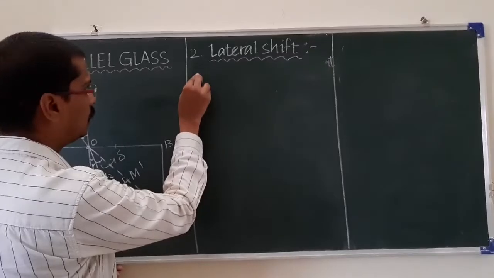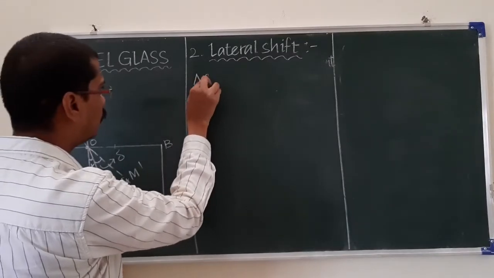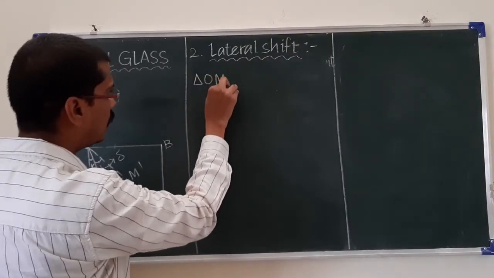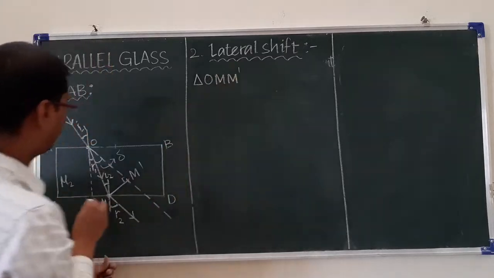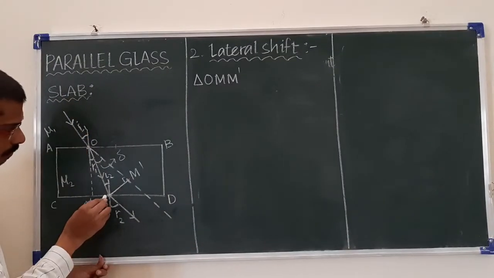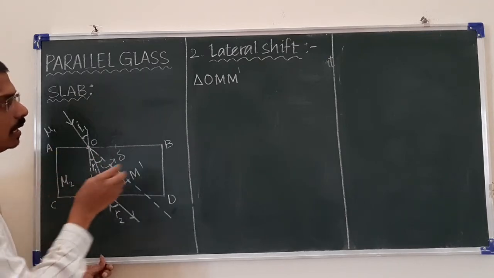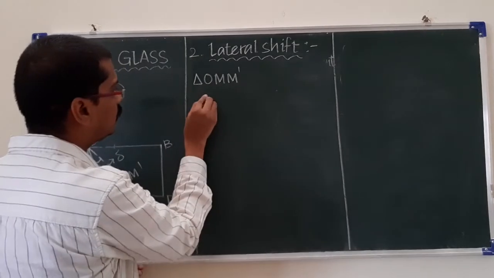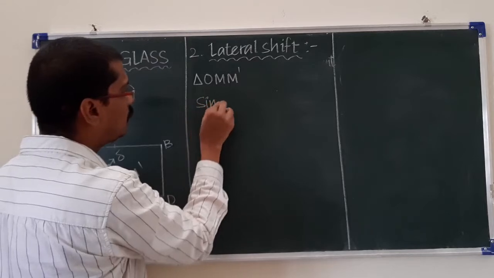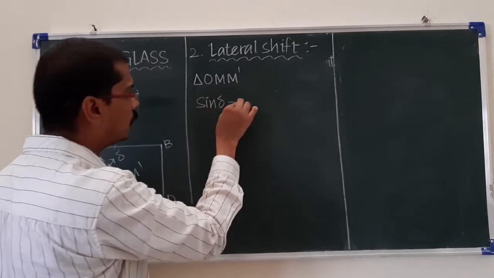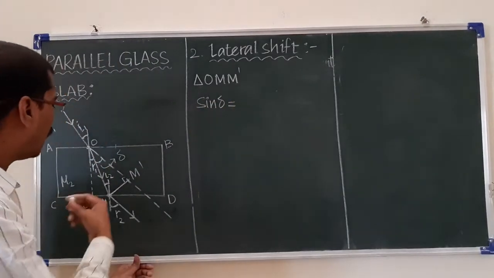Now take one triangle. Now we have to consider the triangle O M dash. In this, what is the angle? Rho is there. Now I am considering sine rho. Sine rho is equal to opposite upon hypotenuse.